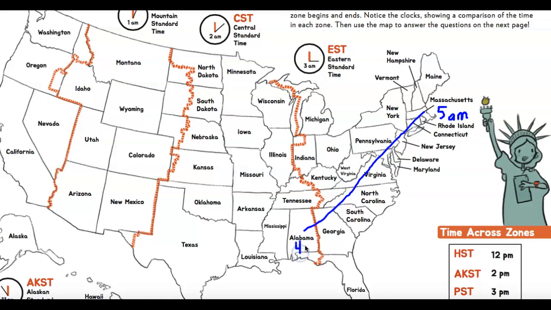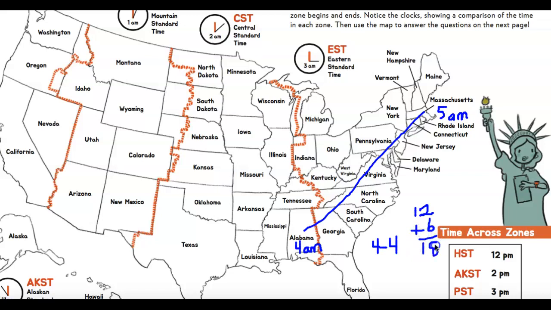So all we need to do really is add 18 hours to 4 a.m. So 4 a.m. to 4 p.m. is 12 hours. And then we need 6 more from 4 p.m. So add 6 to 4 p.m. That's your 18 hours.